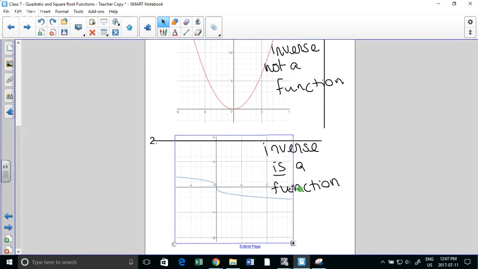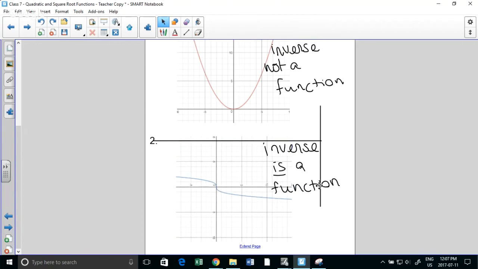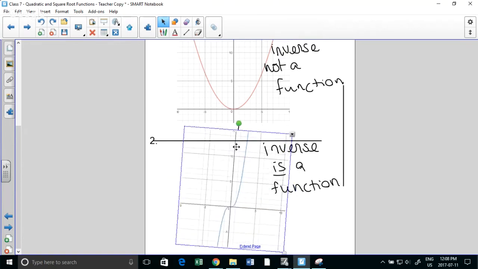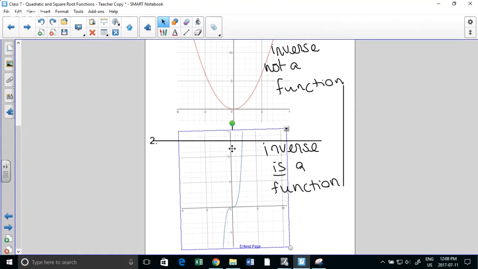This isn't exactly going to be the inverse, because to find the inverse, you actually have to flip and rotate, which is really hard to do on this. But here, this will pass the vertical line test, so we're good to go. So it's just a cheat way of doing the vertical line test to see if the inverse is going to be a function without actually having to find the inverse.